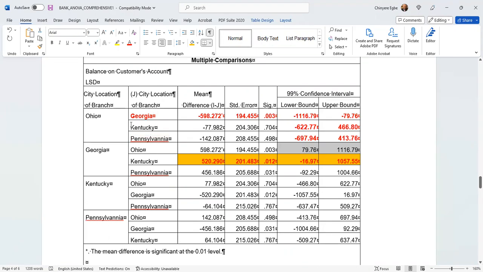So it's just that Ohio is different from Georgia. Georgia is the same as Kentucky, and Georgia is the same as Pennsylvania. And Kentucky is the same as Ohio, which you find out from the beginning. So Kentucky versus Ohio, they are the same. Kentucky versus Georgia, they are the same. The big issue is that Ohio is different from Georgia. Oh, okay. I see now. You get it? Yeah, I get it.